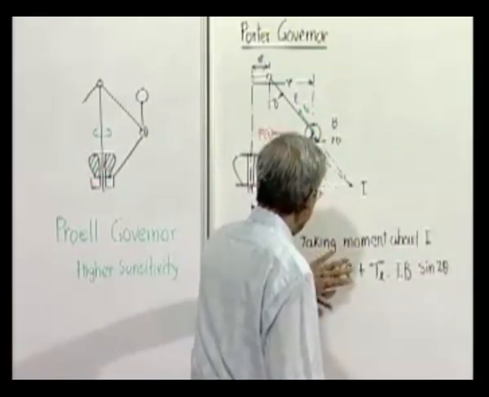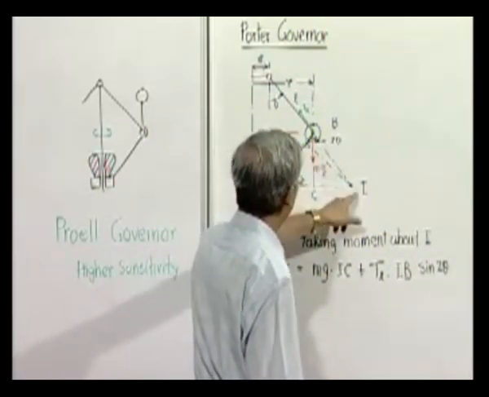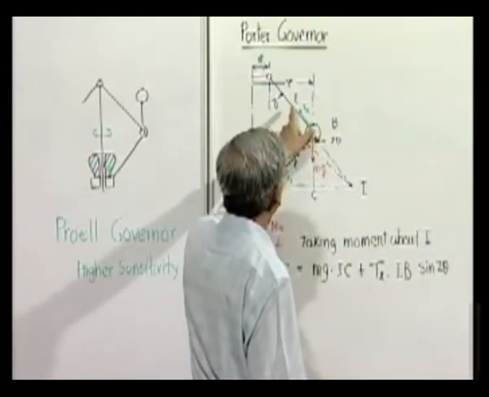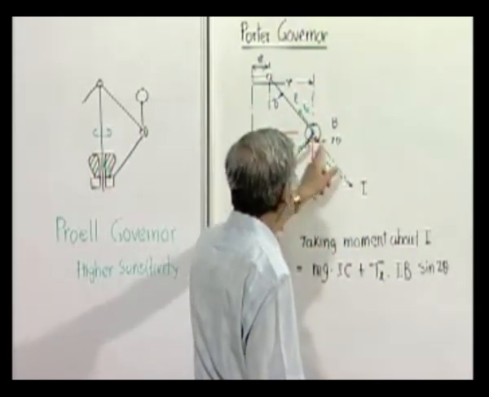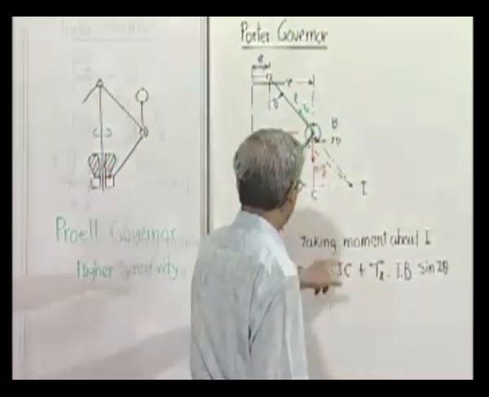So, therefore, this into BC will be same as the moment of the other actually acting forces about this point. So, moment of TU about this point is 0 because it is passing through the point. Moment of this is this and moment of this weight is this.